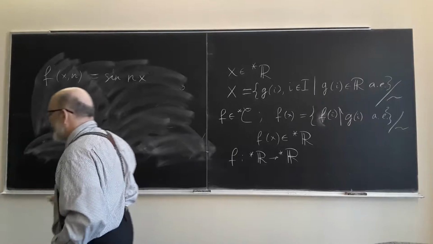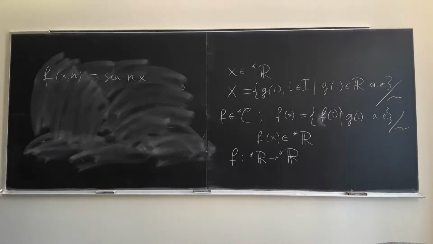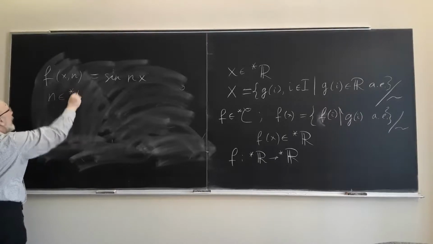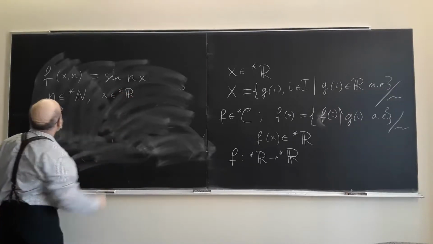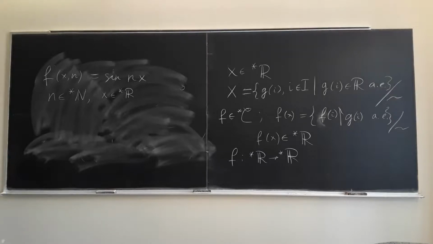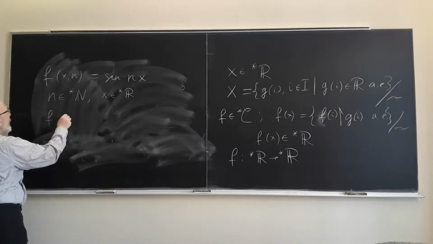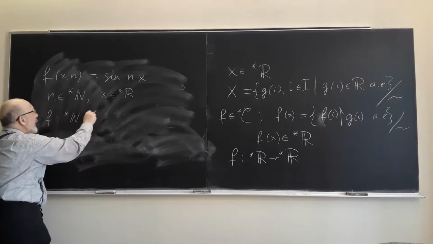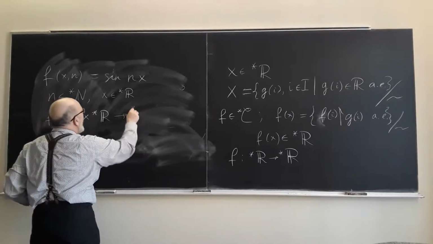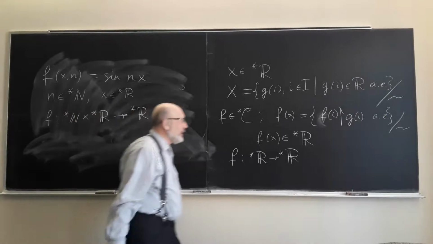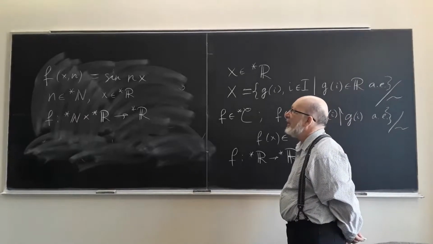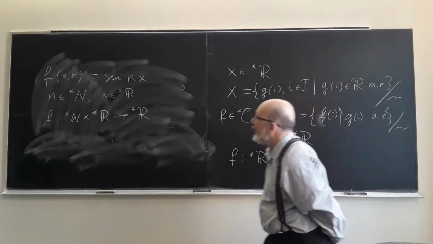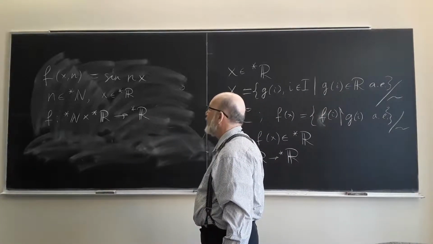So this function is a standard function and can be extended to an internal function when n belongs to star N and x belongs to star R. And f from star N times star R goes to star R. So it is defined as I described before, defined as a good function in between these variables.